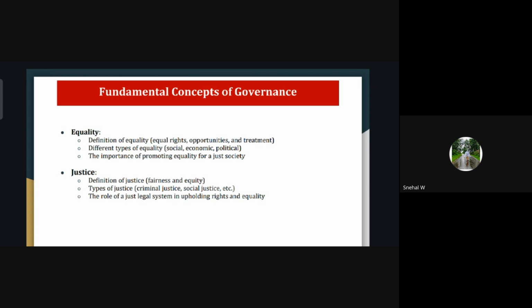Okay, so today you can see that even today, by law, definitely we are moving towards equality, but in reality, in practice, we have not realized equality so far.